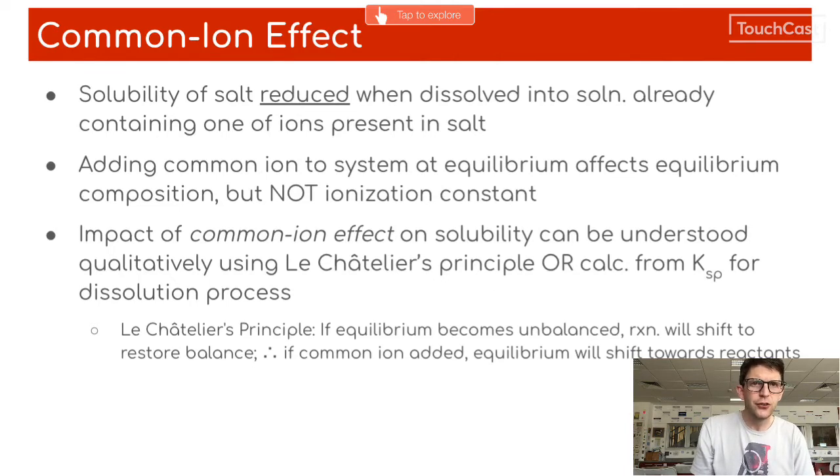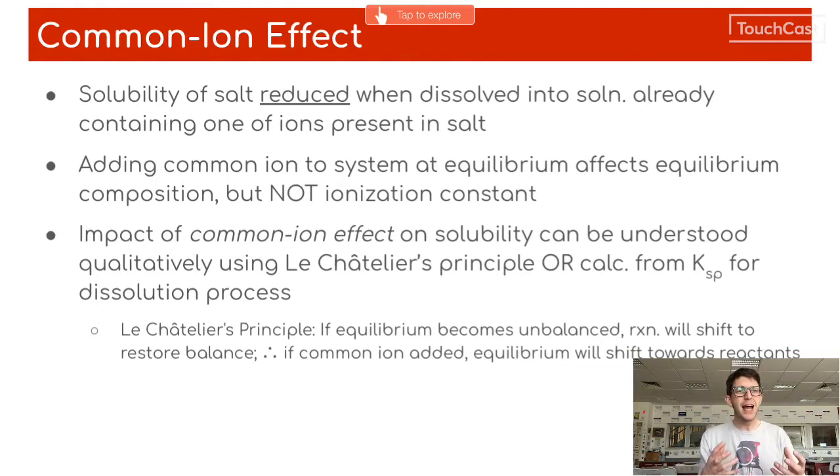Now, you have to understand the common ion effect both from a qualitative perspective and a quantitative perspective. And I mentioned a little bit ago Le Chatelier's principle. So we know that if we have a system that's already at equilibrium and somehow there's a stress or disturbance to that system, then that system is going to adjust to try to restore equilibrium again.